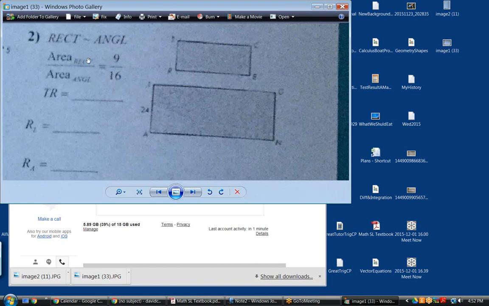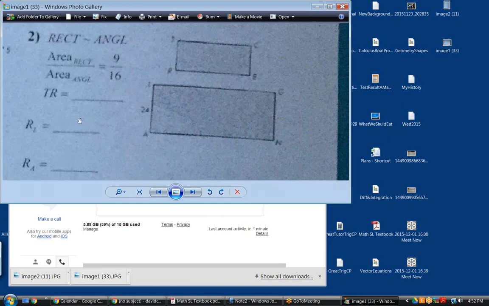I think that's a typo. But what they're saying is the area of this rectangle is 9, the area of this rectangle is 16. So, what's my area ratio? That would be R sub A, 9 to 16.